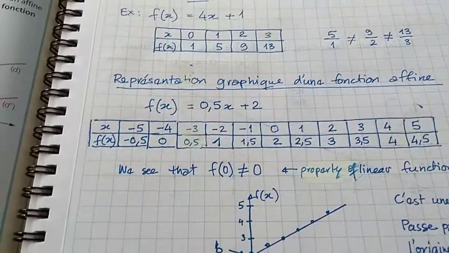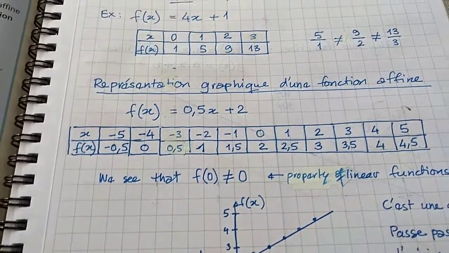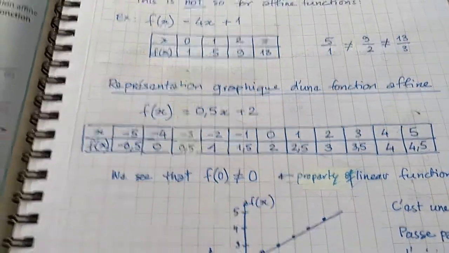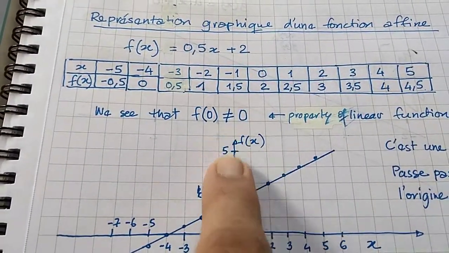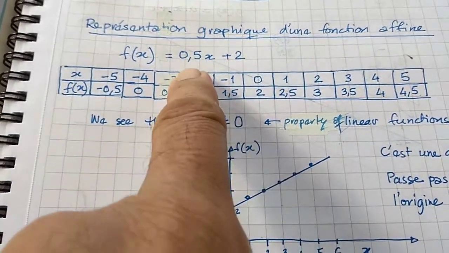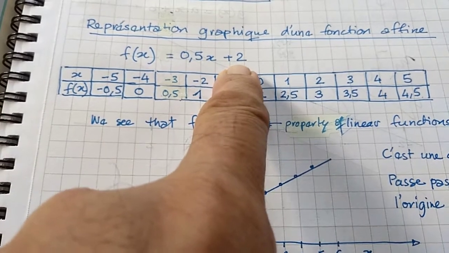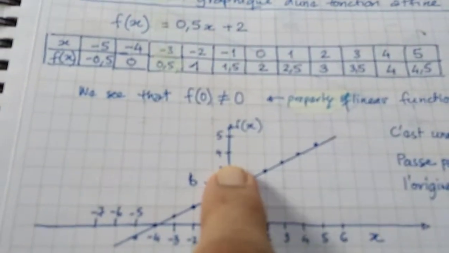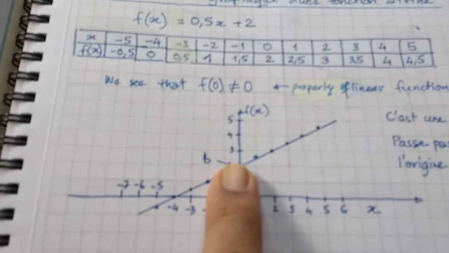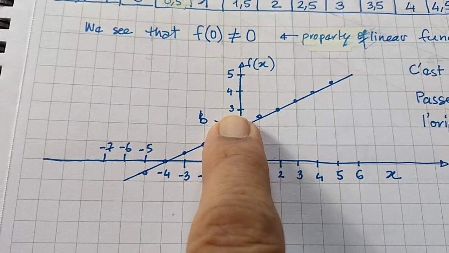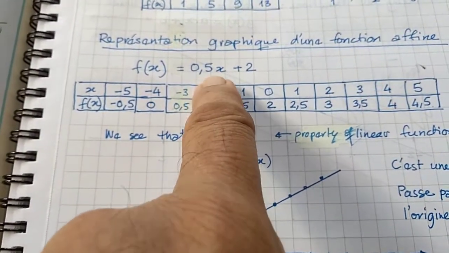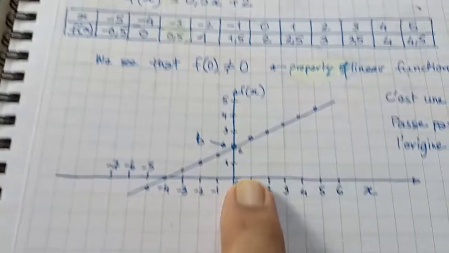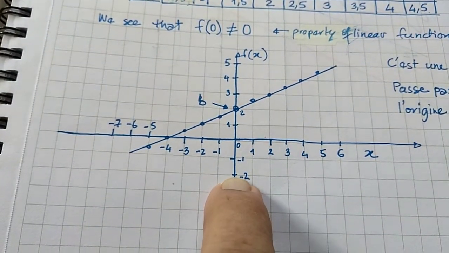So actually the line will always pass through point B here on the vertical axis. If this had been 0.5x plus 3, it would have passed through 3 here. If it had been 0.5x minus 2, it would have passed through this point here.